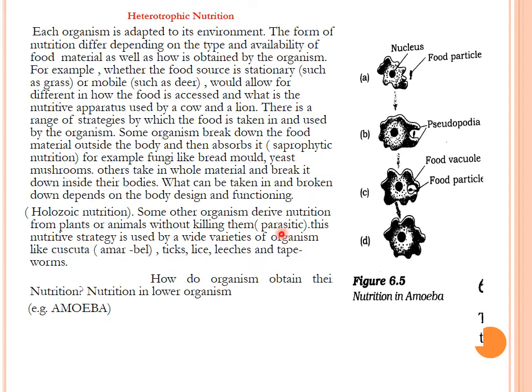Such organisms derive nutrition from plants and animals without killing them. This nutritive strategy, that is parasitic, is used by a wide variety of organisms. A parasite can be a plant or an animal. One example of a plant parasite is Cuscuta, commonly called Amar bel, and animal parasites include ticks, lice, leeches and tapeworm.